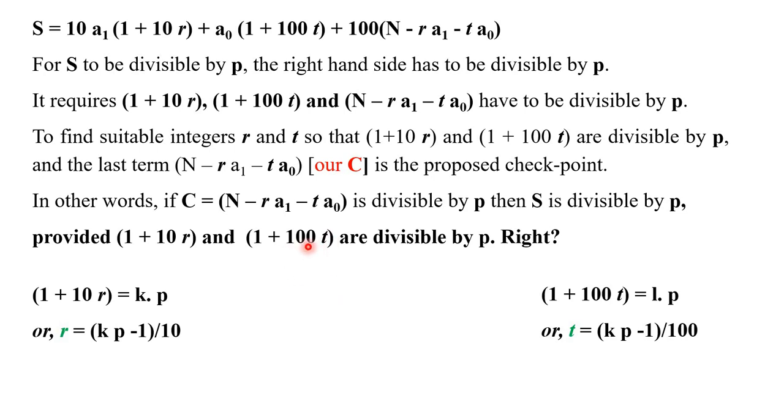So the 1 plus 100T is also divisible, that means it also has to be an integral multiple of P. And here L is that integer, and manipulation would give you T equals LP minus 1 by 100. Sorry, this should be LP, not KP. This should be L. Sorry. And those are exactly the R and T we have used in our description. Right? So we have got the justification for strategy 3.